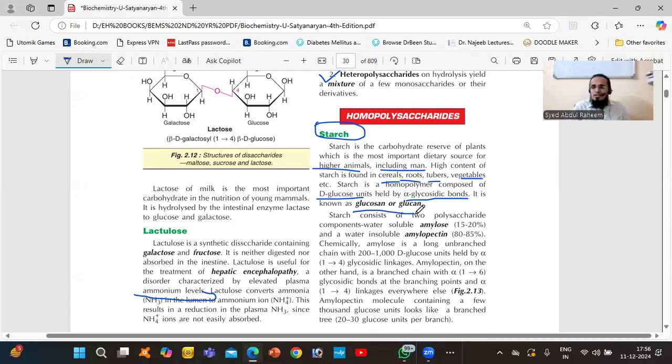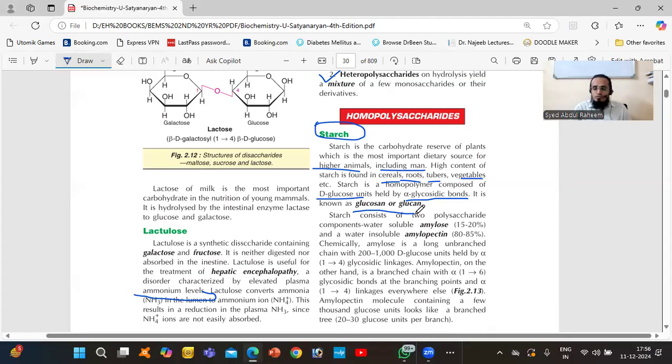So basically, starch is a rich carbohydrate present in plants, like cereals, beans, roots, vegetables or leaves.